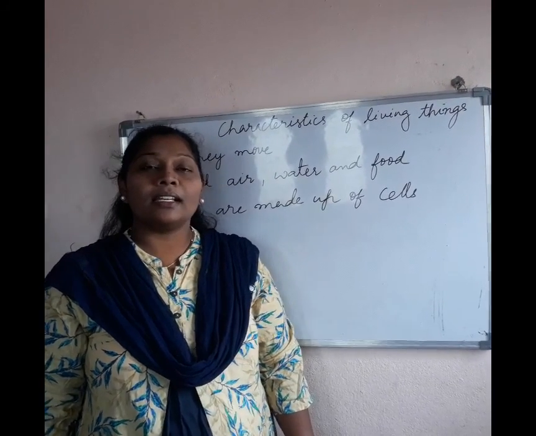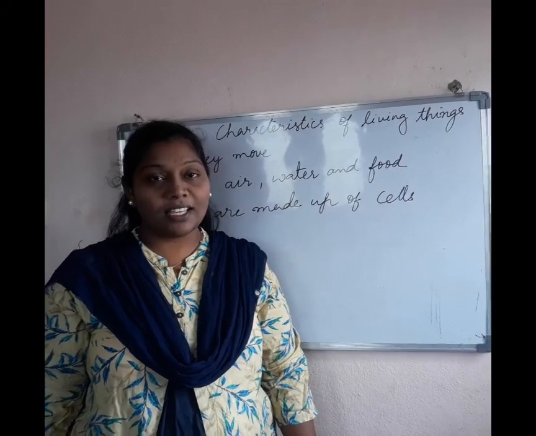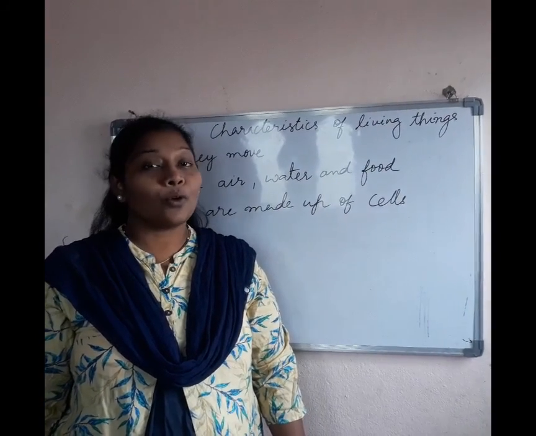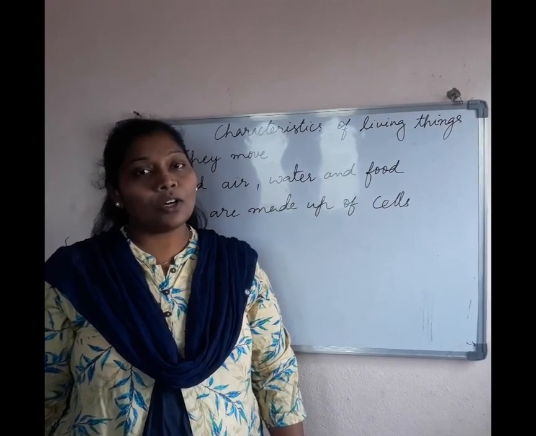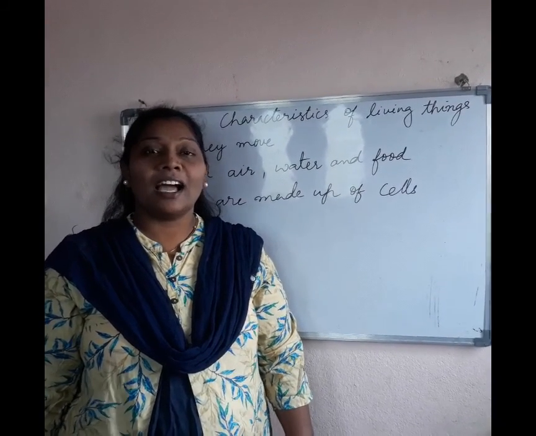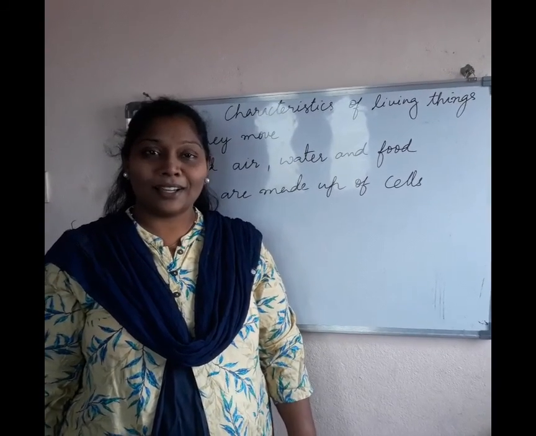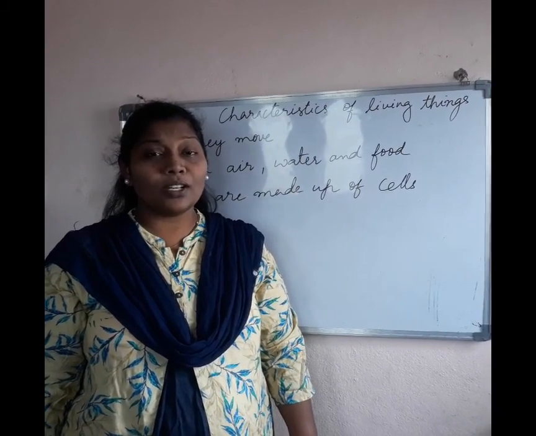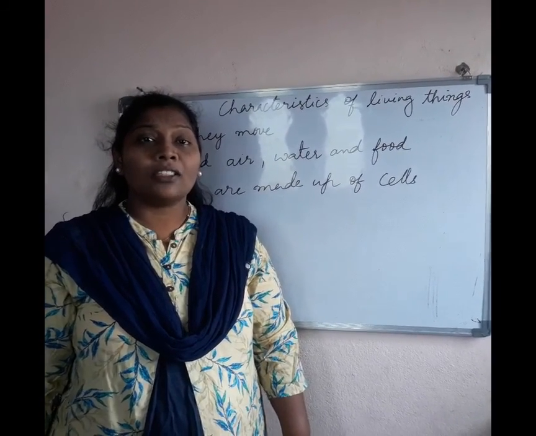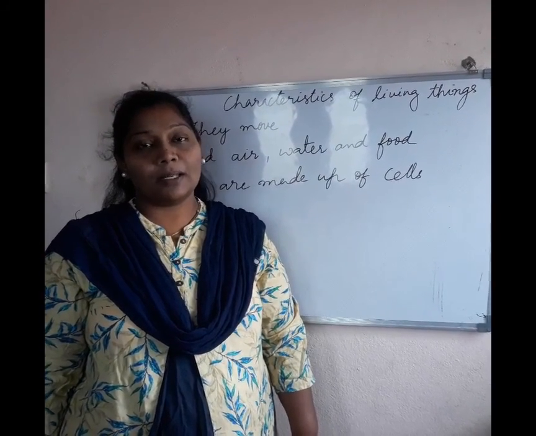In our last videos we have learned many things about living things, and also photosynthesis, and the three important characteristics of living things. I hope that you have understood all of them. Now, in this video, let us learn three other important characteristics of living things.